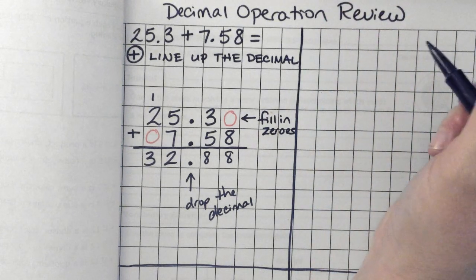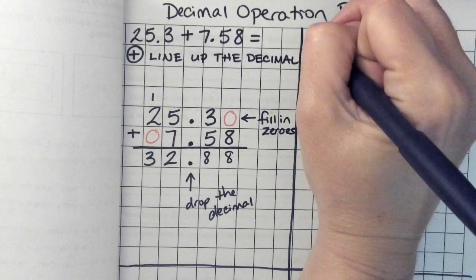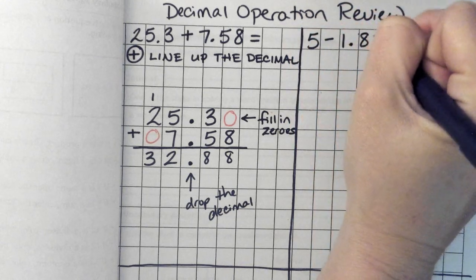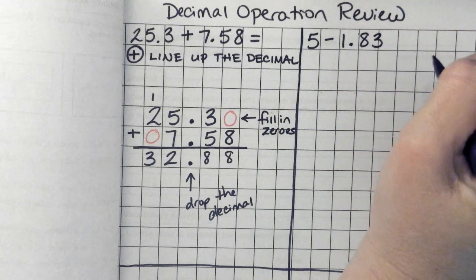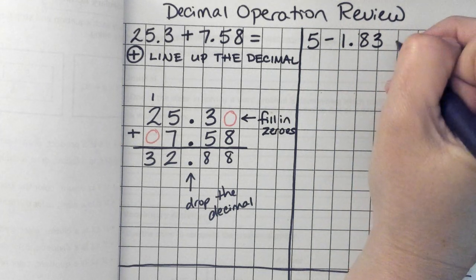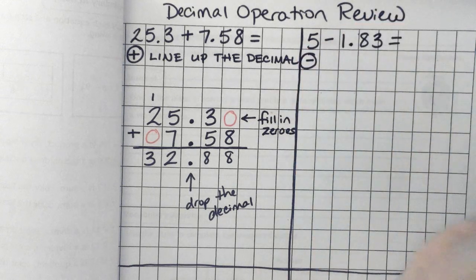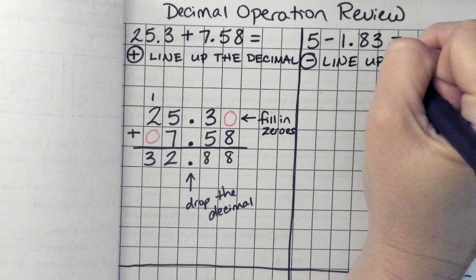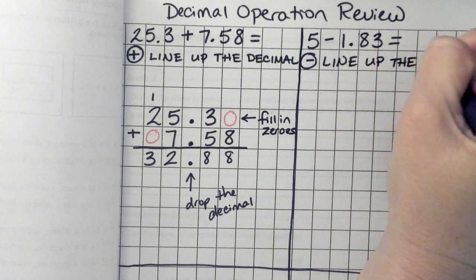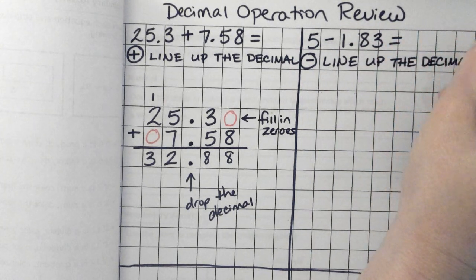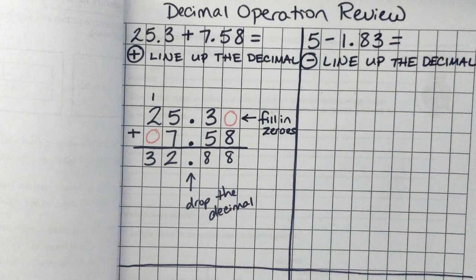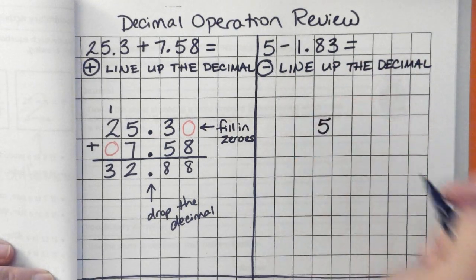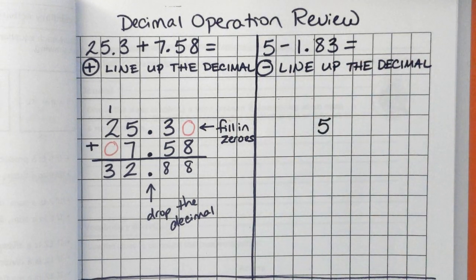When you are subtracting, okay, let's do 5 minus, okay, so I'm going to write the subtraction sign, and again, you line up the decimal. Okay. So I'm going to come down to about here, and I'm going to write that 5. 5's a whole number.